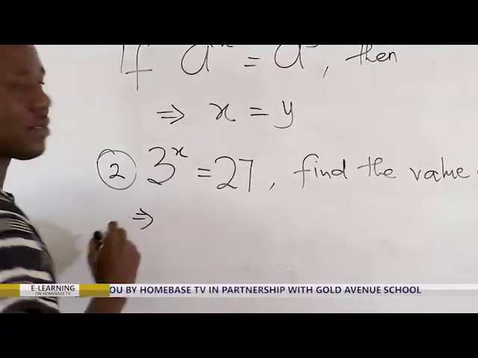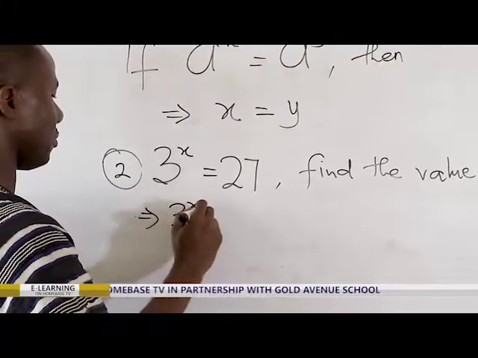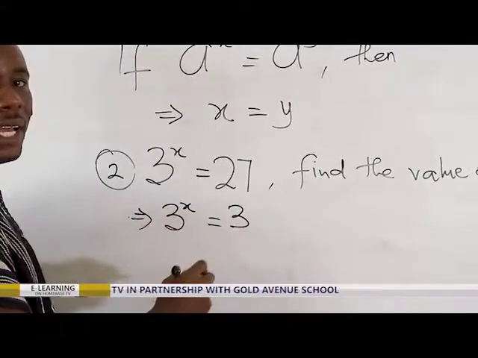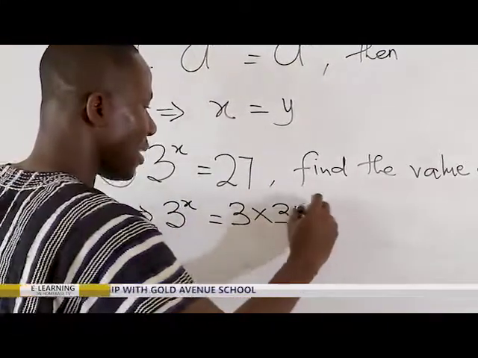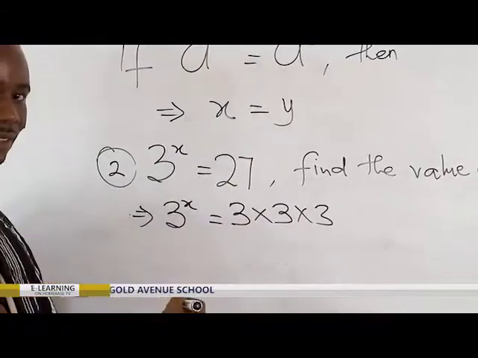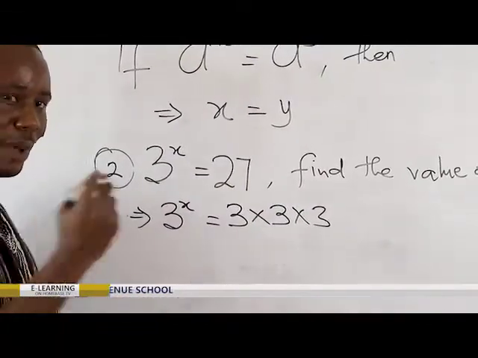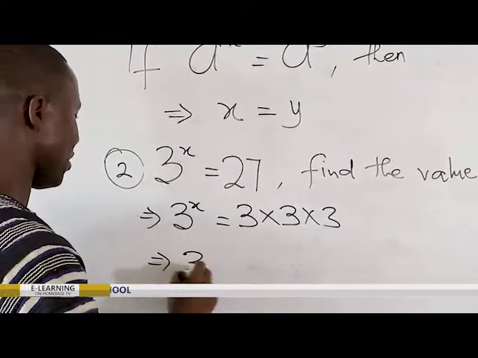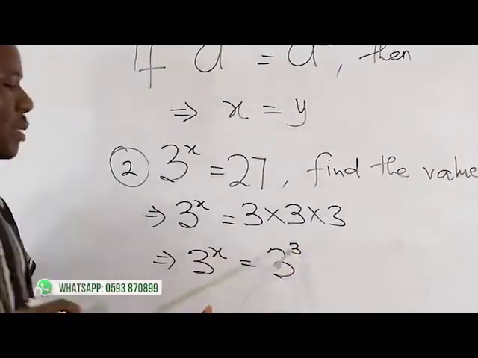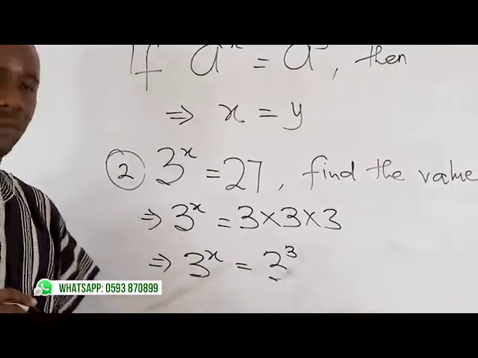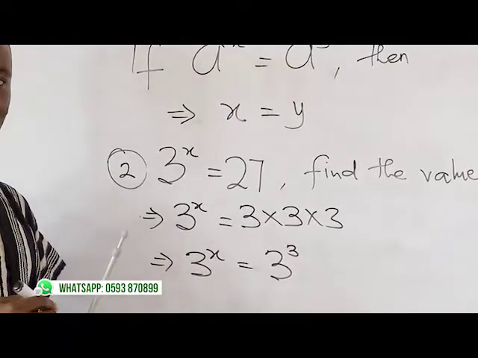So this implies 3 times 3 is 9, 9 times 3 is 27. So I can conclude by saying 3 exponent 3, because 3 multiplies itself repeatedly 3 times.